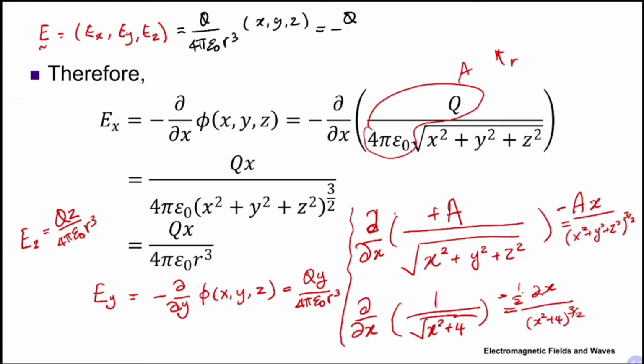And this is Q over 4 pi epsilon naught r squared times x, y, z over r. And this is our unit vector r. And that takes us back to our electric field of a point charge from Coulomb's law.